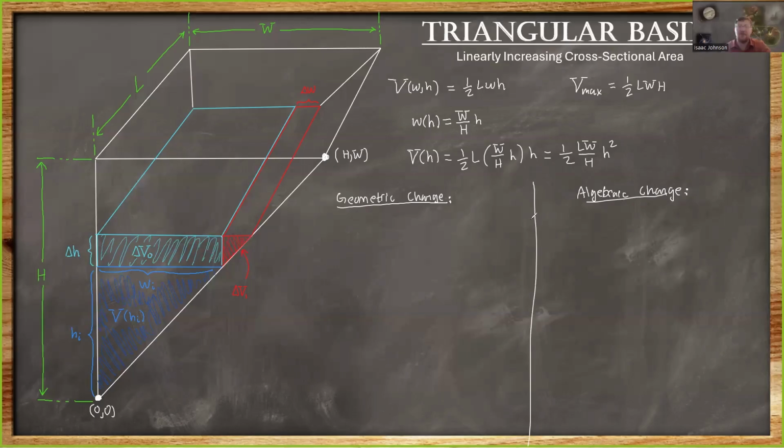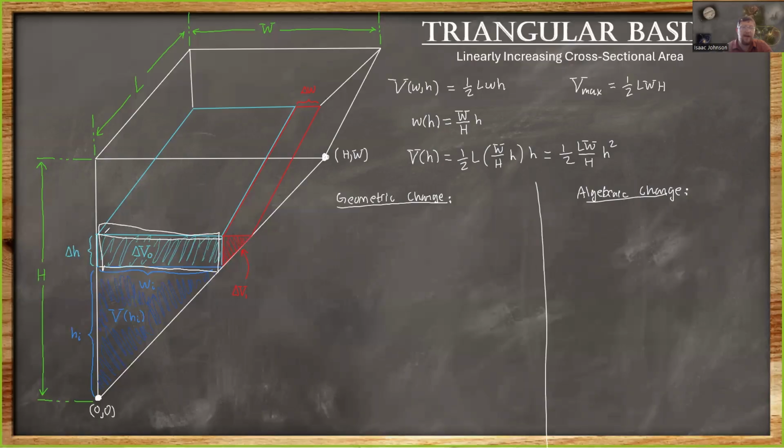Yeah. So you've noticed that as we go from some initial height to some final height, you can decompose the change in height into a rectangular prism and a triangular prism, like a little triangular wedge. So how would we calculate the total delta V, the total change in volume?